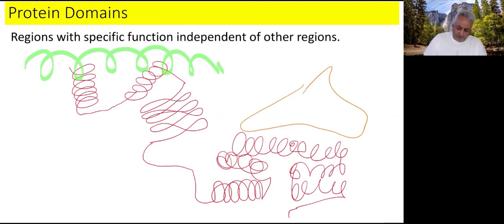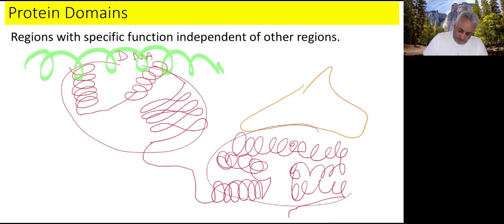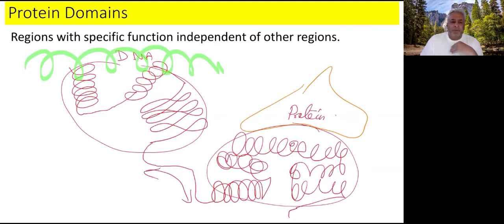So we have a region of the protein back here, this region here, that can bind to DNA. And then we have a region of a protein, the same protein, that can bind to another protein. So each of those regions is still part of the same polypeptide because it's connected through here. But each region is its own domain. This one here we call the DNA binding domain. And this one over here we call the protein binding domain.